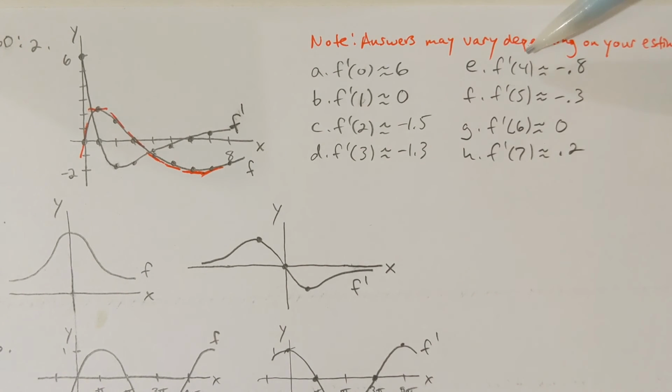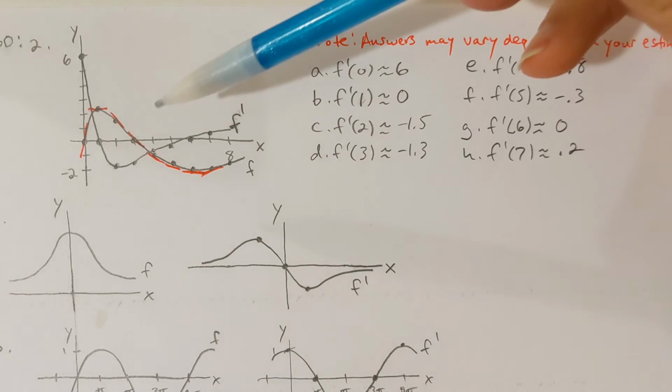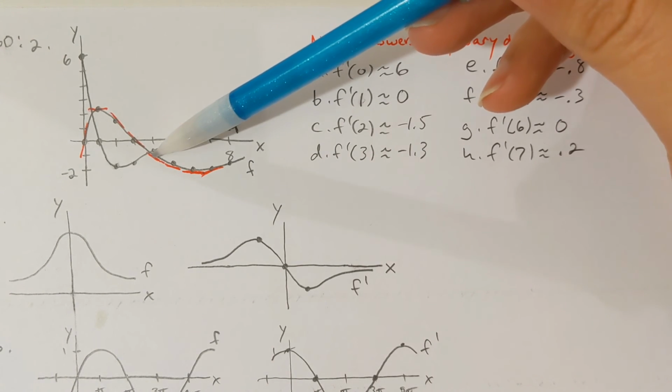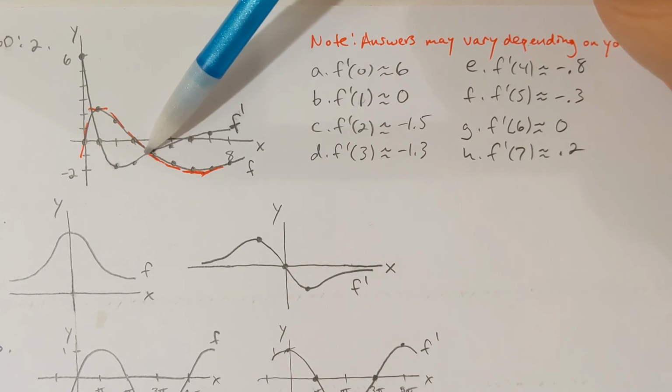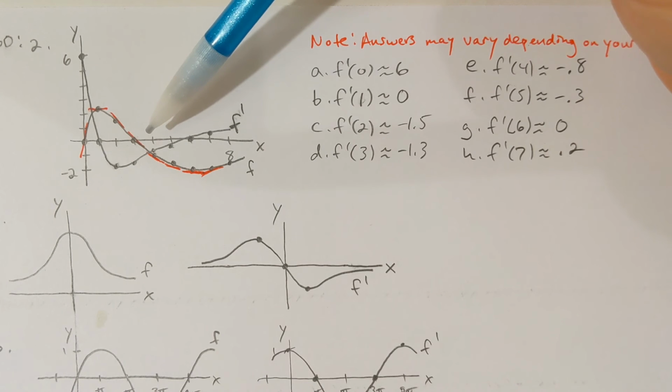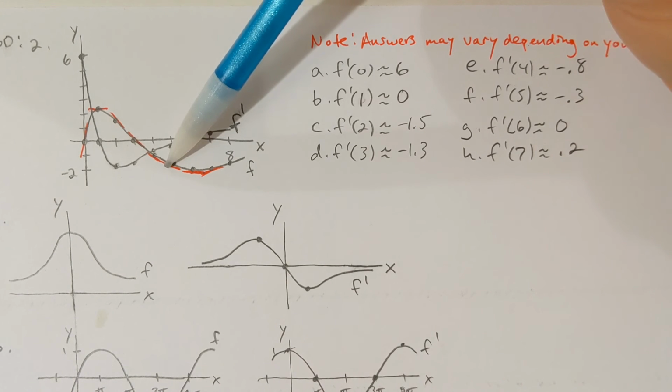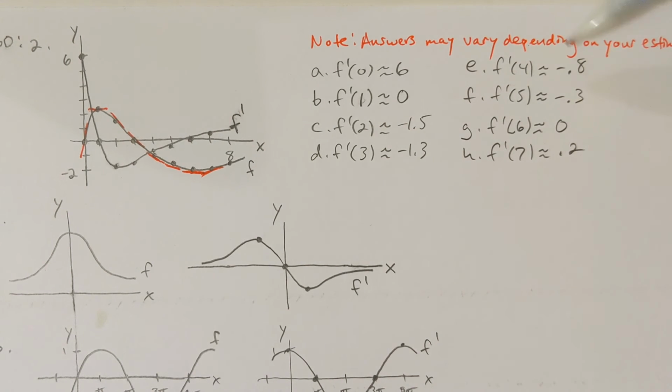Part E, f prime of 4. Okay, here's 4, and it looks like this line is going to be maybe slightly more flattened than the previous one. So still slanted in the negative direction, so I was calling that roughly negative 0.8.